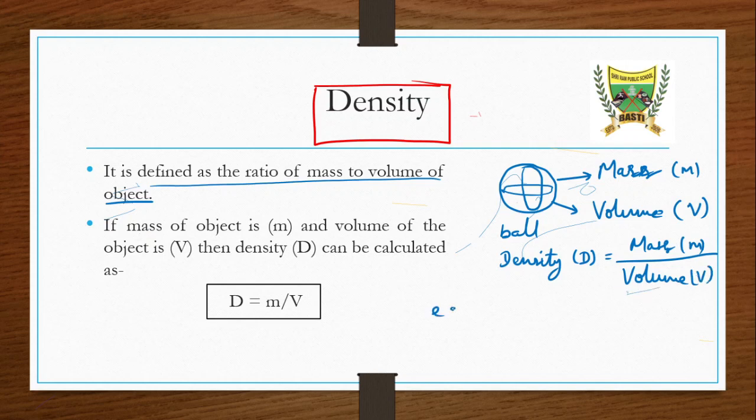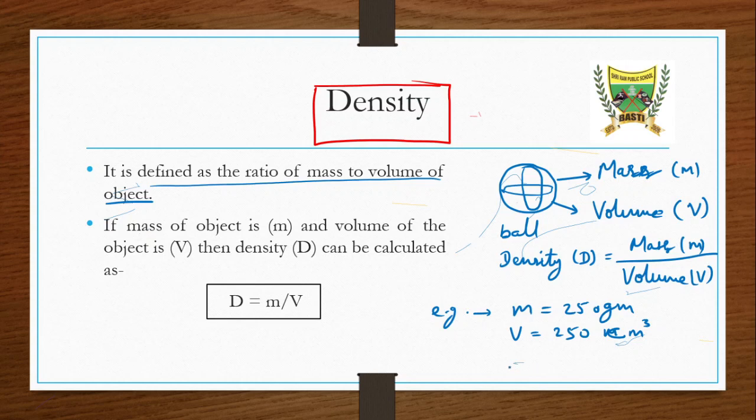Suppose, for example, the mass of the ball is 250 gram, and its volume comes to 250 centimeter cube.